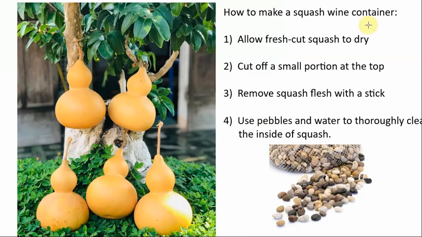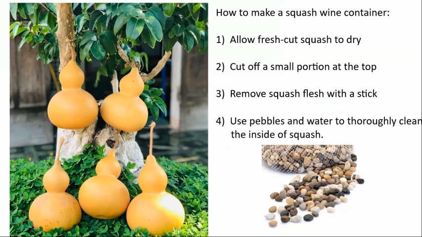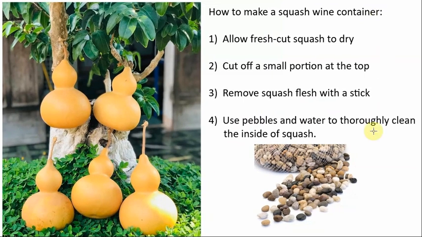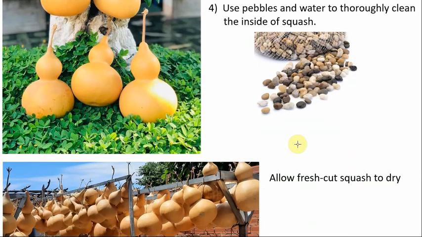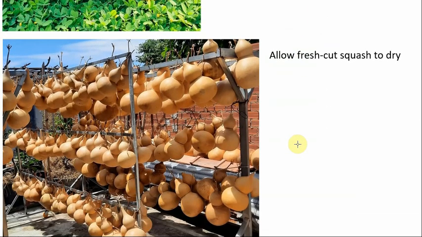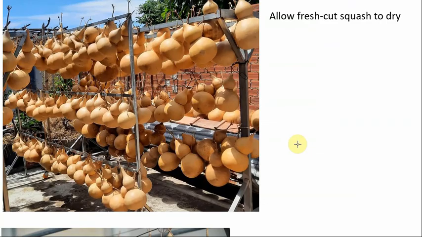To clean the inside completely, some people would put pebbles inside of the squash and then add water, and then they just shake and shake until they remove everything from the inside of the squash. And then they would let it dry again, and then they would turn it into a wine container.